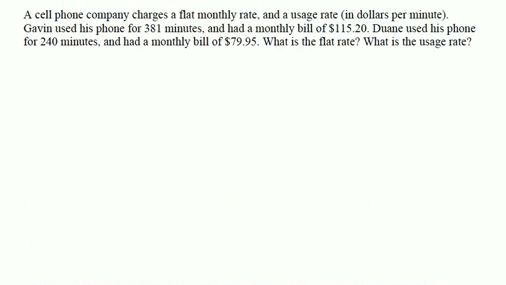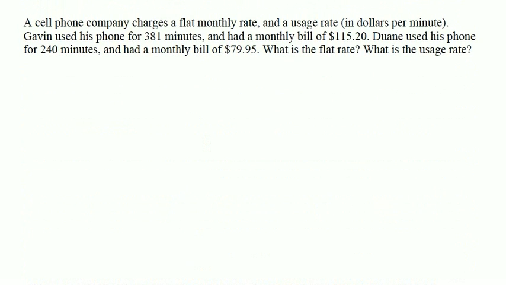Going on to the next example, a cell phone company charges a flat monthly rate and a usage rate, and we have two different people using their phones. Gavin used his phone for 381 minutes and had a monthly bill of $115.20. Dwayne used his phone for 240 minutes and had a monthly bill of $79.95.